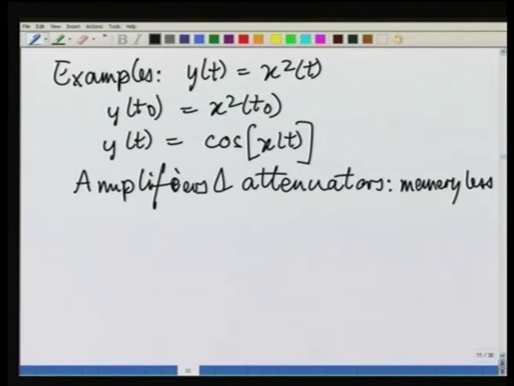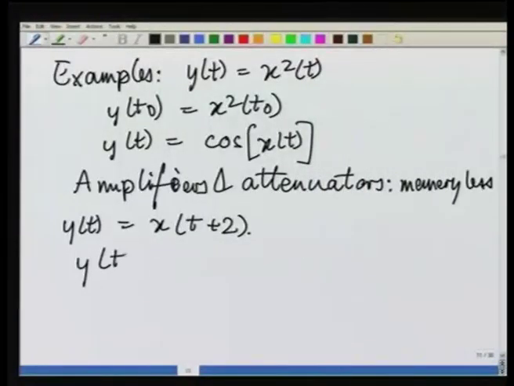What about a counter example? Let us say y t equals x of t plus 2. This system certainly requires memory, because for example, y at t equal to minus 4 is equal to x at t equal to minus 2, which is t plus 2, minus 4 plus 2 is minus 2.